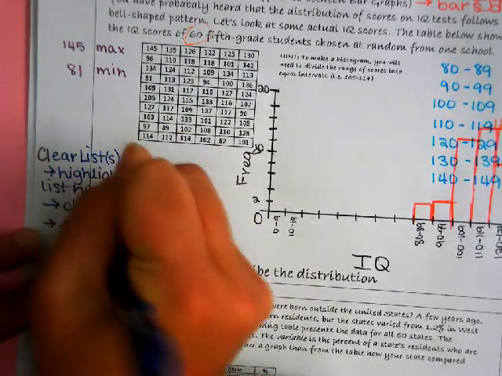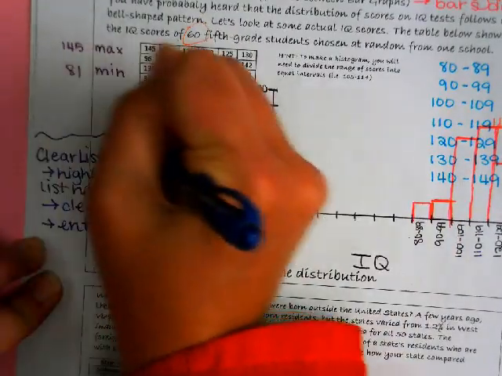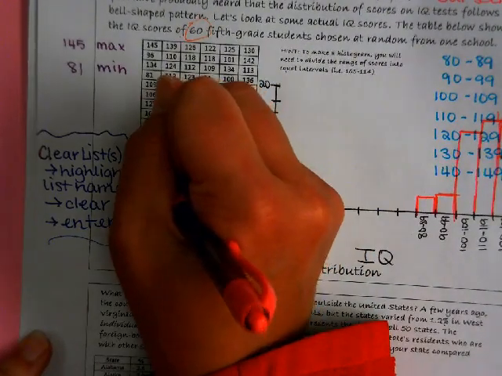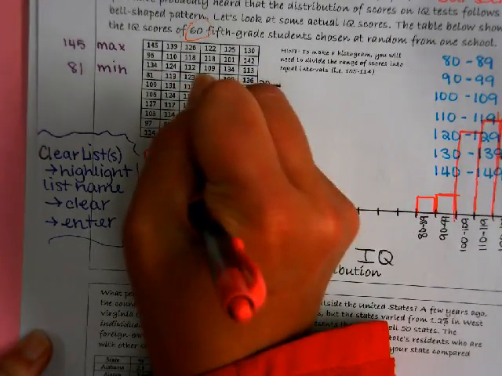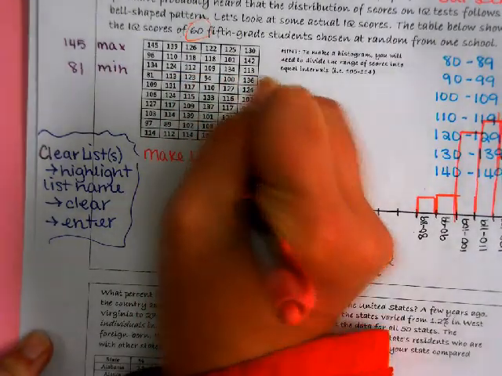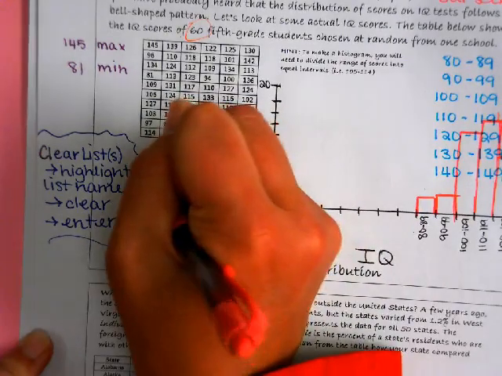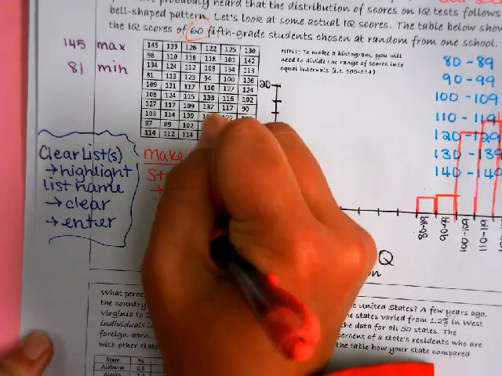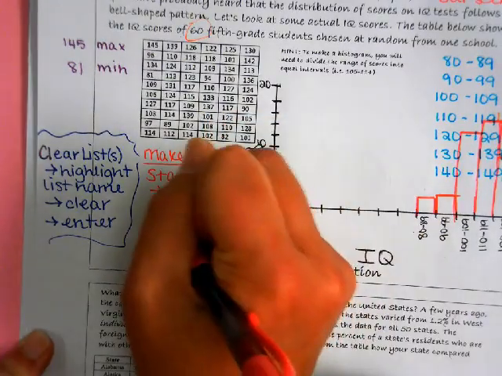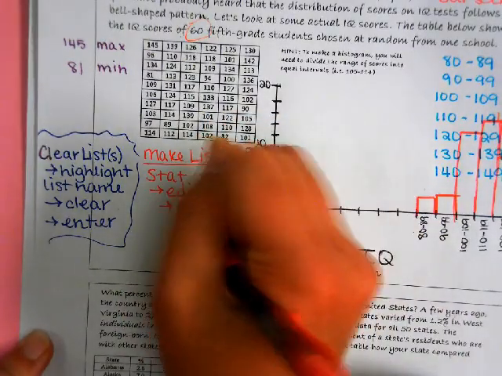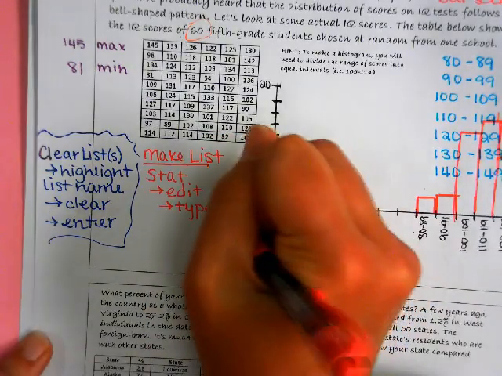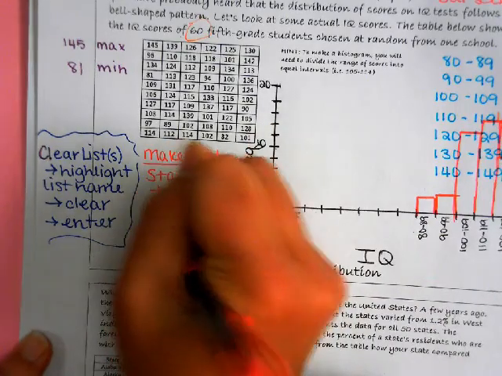To make a list, you hit Stat, Edit, and then you type in the data. You have to hit Enter in between each piece of data. Type in data. Enter between. That's my abbreviation for between.